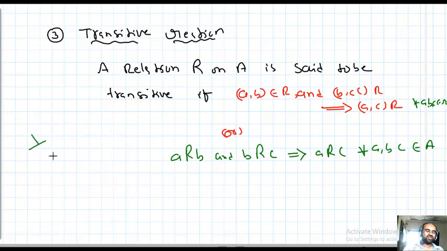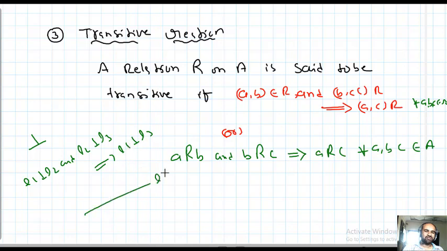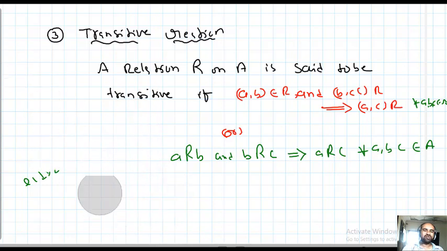Now we will check perpendicularity. L1 perpendicular to L2 and L2 perpendicular to L3 implies L1 perpendicular to L3. False statement. Observe here, L1 and L3 are parallel, so L1 is not perpendicular to L3. That's why perpendicularity is not a transitive relation.